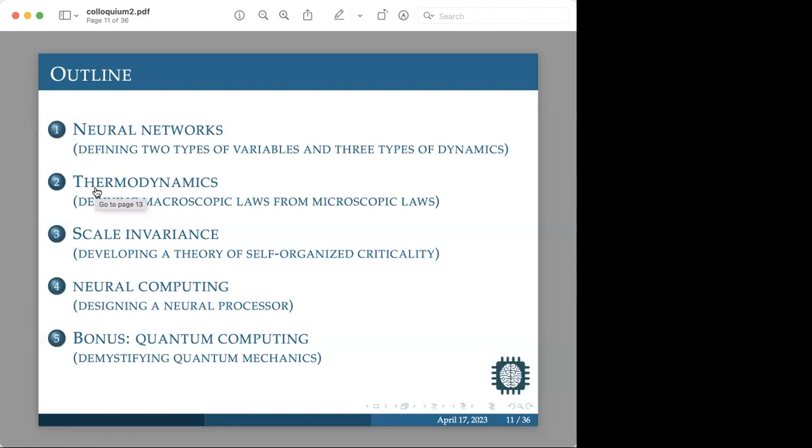You coarse grain, integrate out some of the degrees of freedom, because we just cannot afford to keep track of everything. This is what modeling is. You pay attention to what is relevant and you integrate out what is irrelevant. And when you treat these things that you've integrated out at the level of statistical ensembles, you are in the realm of thermodynamics.